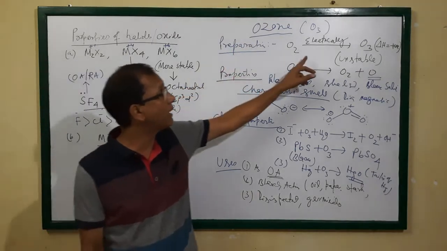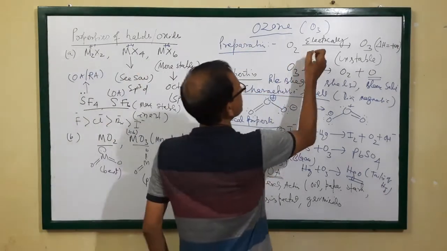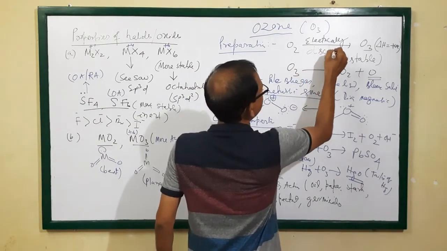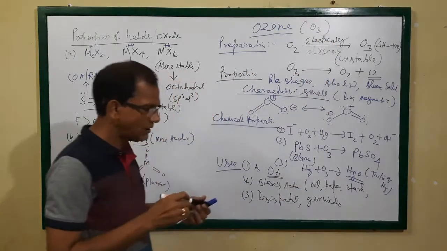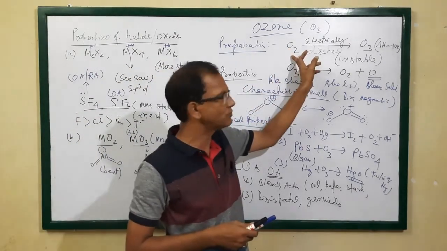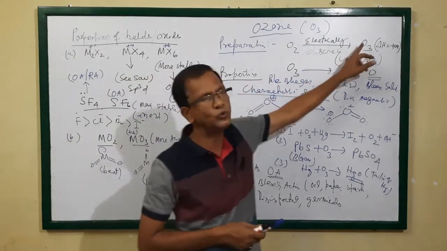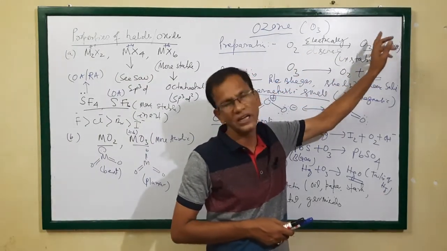Now the preparation. It is prepared by electric discharge. When oxygen undergoes electric discharge, it dissociates to atomic oxygen, and the atomic oxygen then combines with oxygen to produce O3. This process is endothermic.